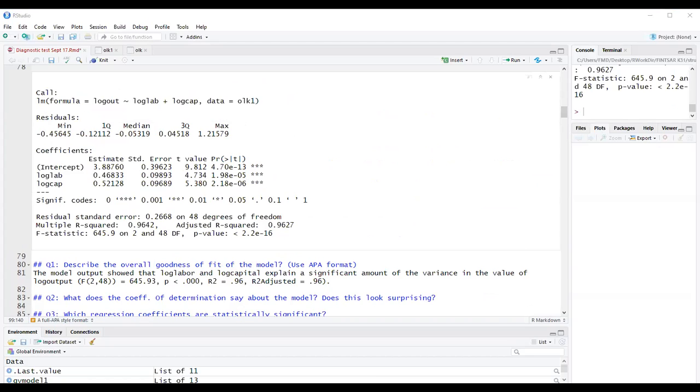Log of our output is equal to, ano yung A natin? 3.88760. 876 times 0.46833. 6833, no? Times capital 0.52128. 52128. Okay? Is that correct, guys?